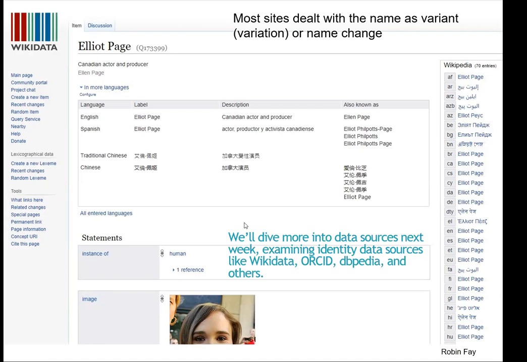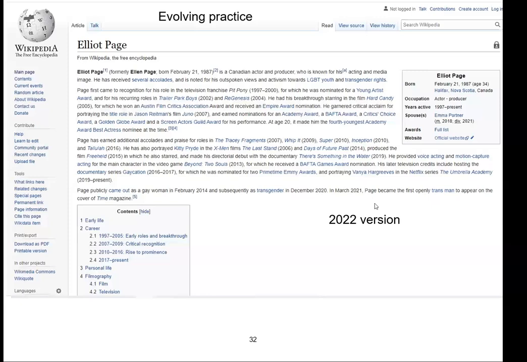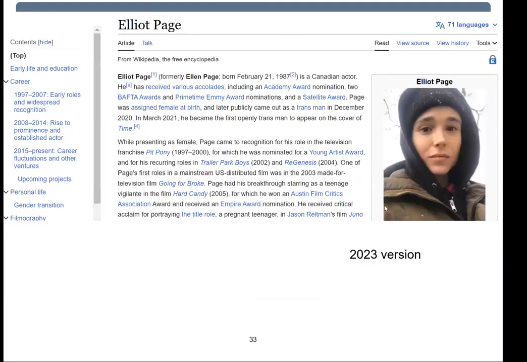It may come from the time period where the name change actually happened, or it may be an attempt to reduce the impact of the appearance of having that dead name, or that no longer used name.